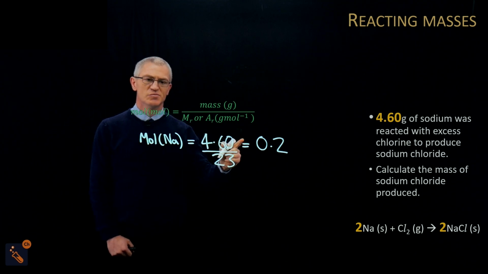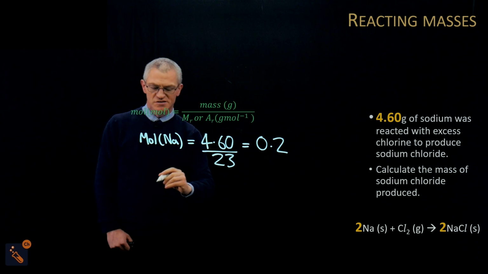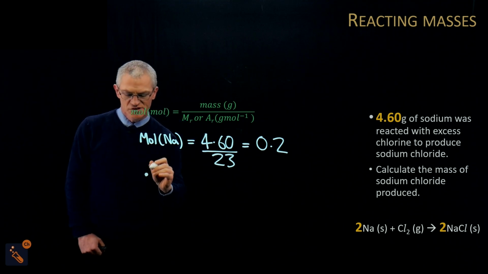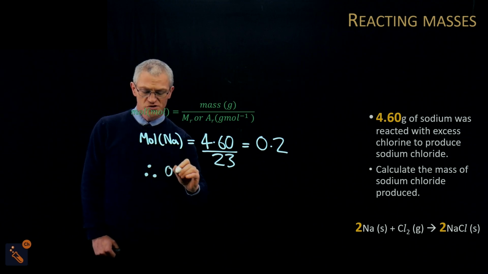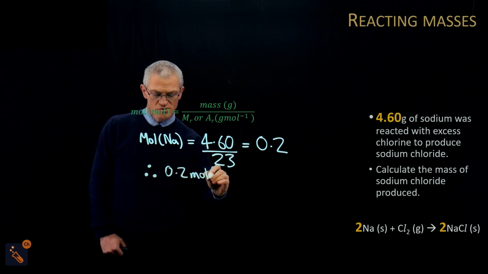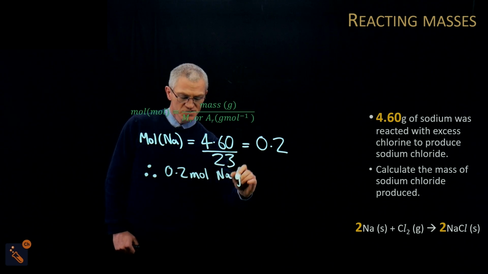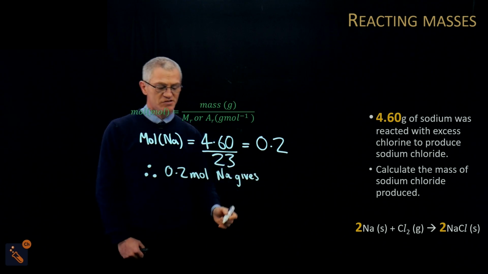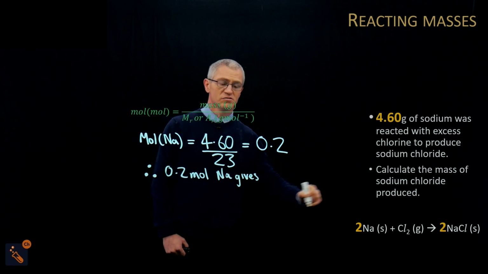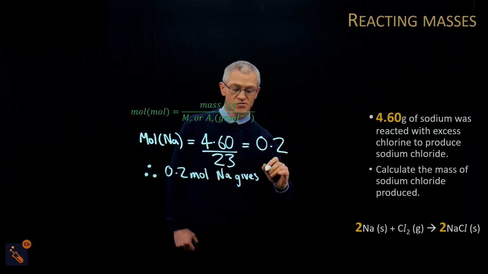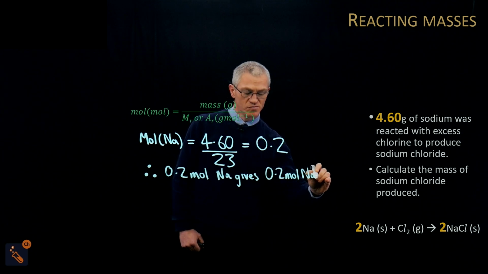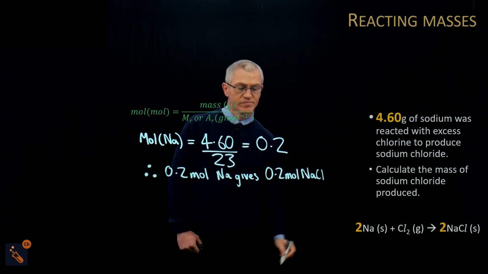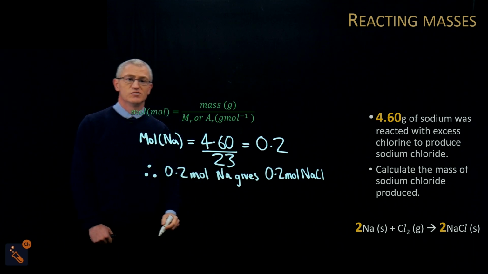Now if we've got 0.2 moles of sodium, therefore, and this is the really important thing to understand, there's a 1-to-1 ratio, that will give you 0.2 moles of sodium chloride.